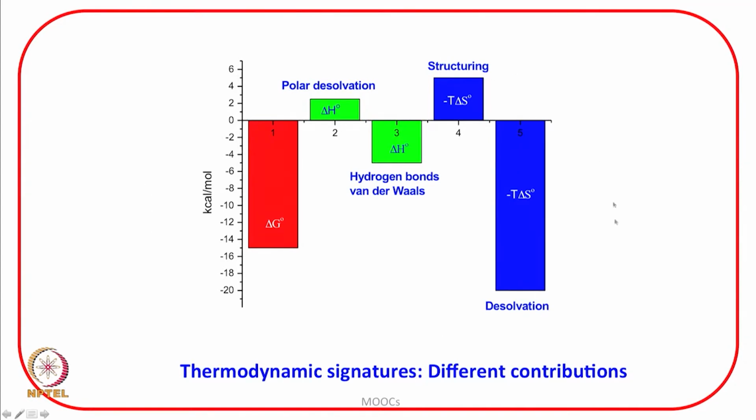So, these various thermodynamic signatures help us in understanding what kind of modifications can be done in a drug molecule, so that we can optimize the affinity, we can achieve a better affinity of the molecule. These kinds of data do give some general guidelines. Let us take a look at some of such guidelines.